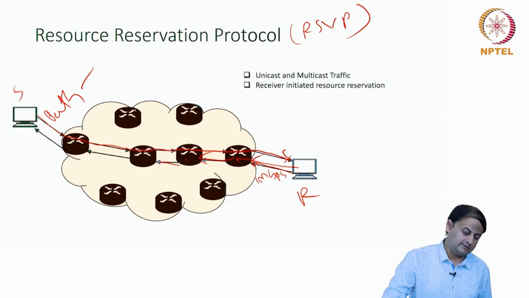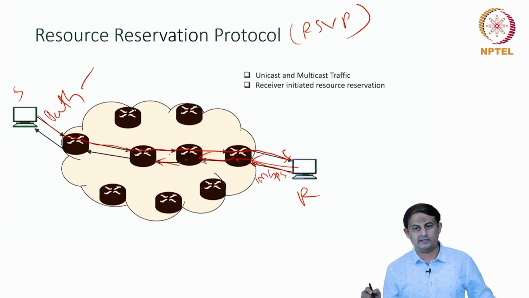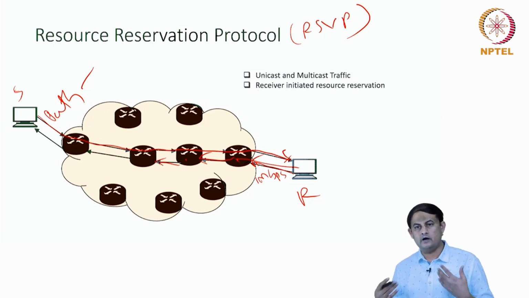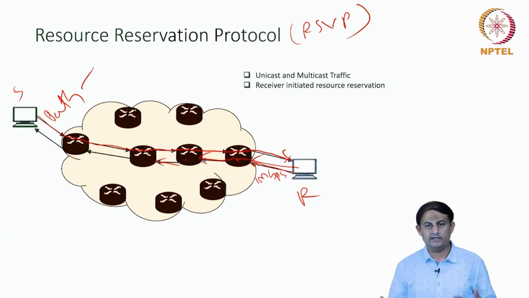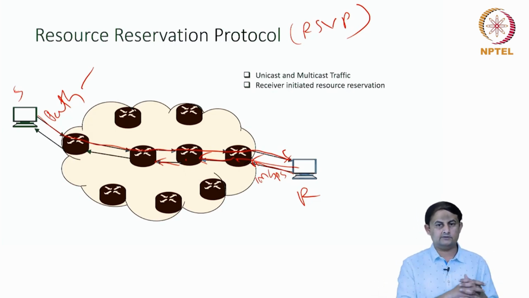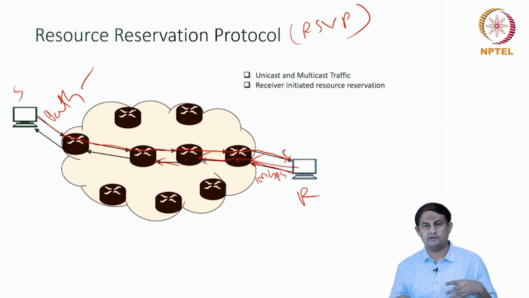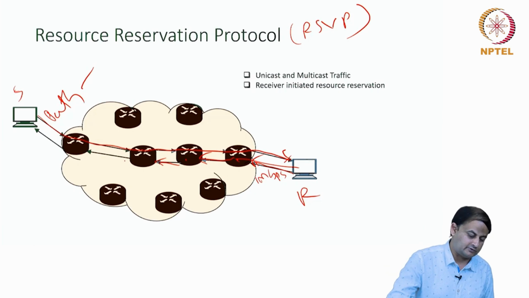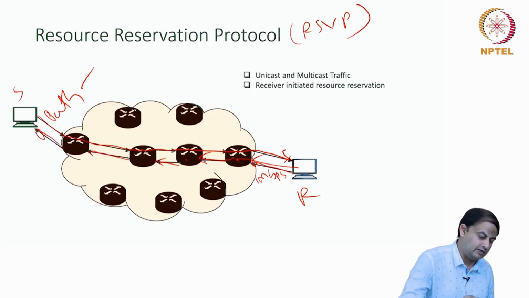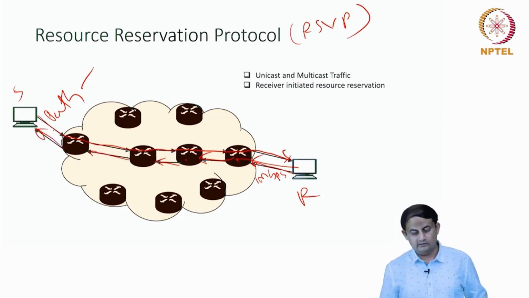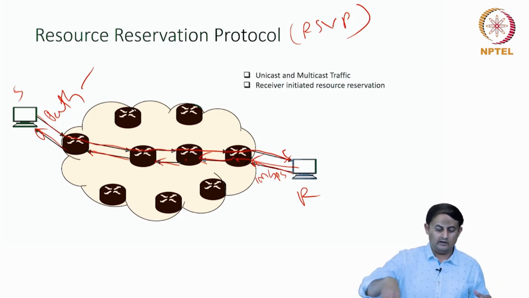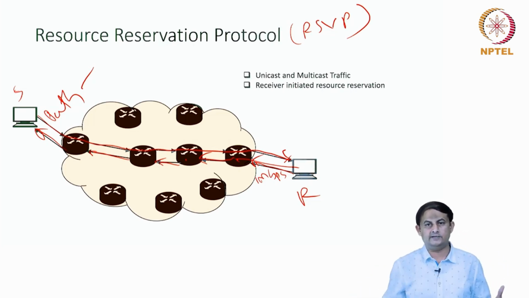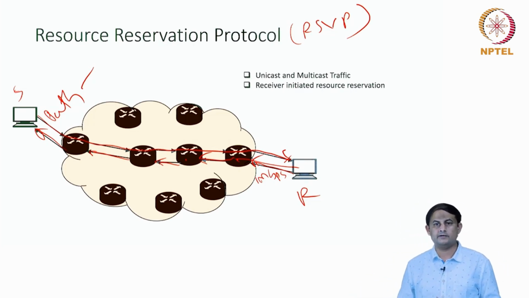So the point is, path messages in the forward direction identify the path to be taken, or in other words, what are the places in which you require the resources to be reserved, and the reserve message in the reverse direction will actually reserve the resources for that particular transmission. And the setup or the resource reservation is going to be complete only when, all along the path from the receiver to the sender, the resources are reserved.